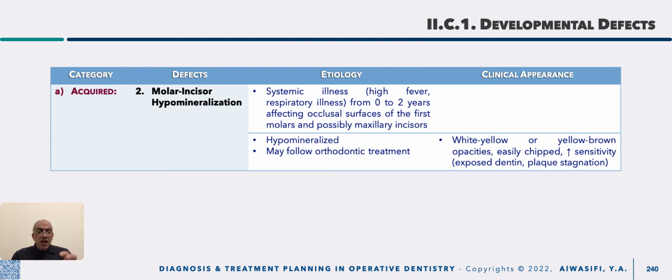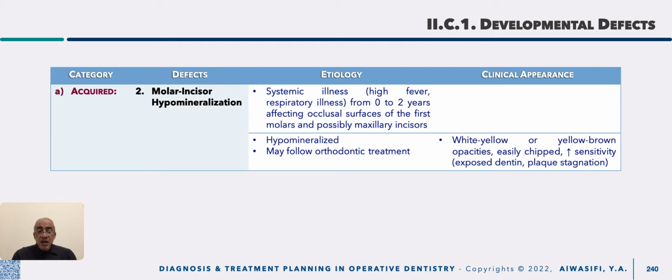It appears as a hypomineralized area, and this hypomineralization may also follow orthodontic treatment. That's why it is acquired either from birth or the patient may have a history of orthodontic treatment.